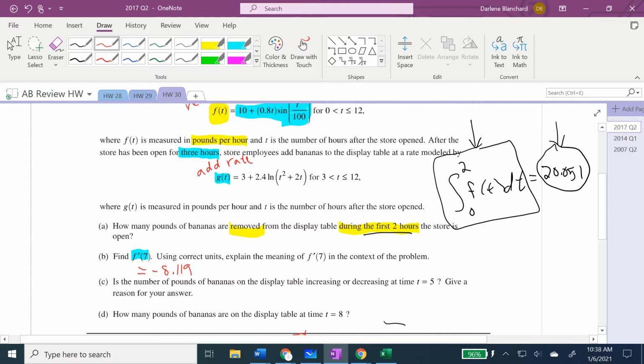Is that what I said, or did I say another number? You know what? I said another number because I think I was looking at the wrong function in my graphing calculator. In fact, I just recalled I have a different function in my calculator. That's funny. Anyway, negative 8.119 is what you should be getting for f prime of 7.